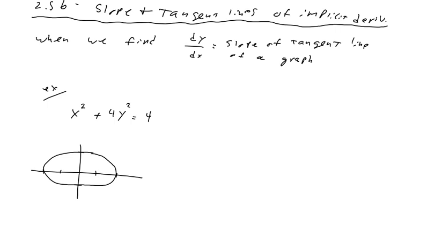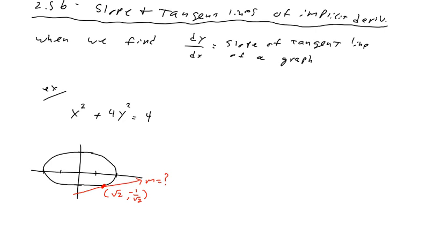And what I want to find is, if I choose a point on this ellipse, like if I choose the point right here, and the location of this point is square root 2, negative 1 over square root 2, I want to know what is the slope of a tangent line at that location of my point.